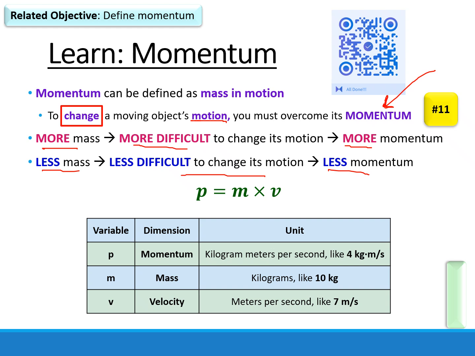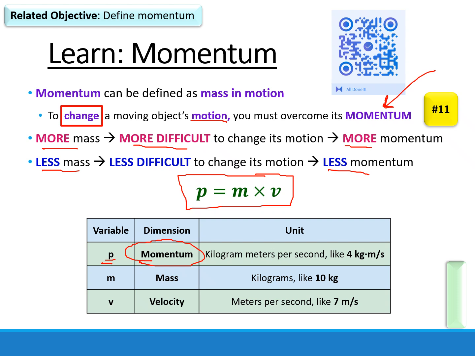Now, the calculation to calculate how much momentum an object has is a simple equation. P stands for momentum. Why that is P, I have no earthly idea, but somebody thought that was a great idea once upon a time.